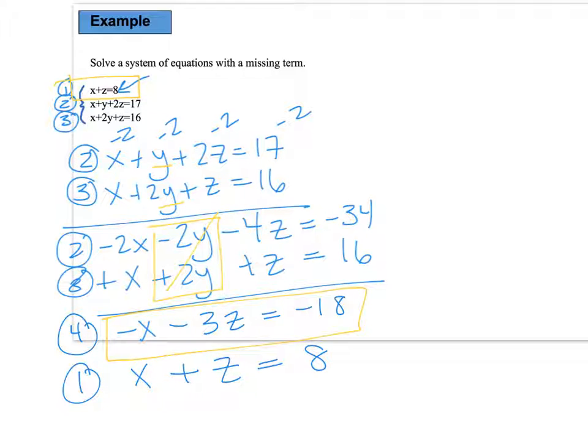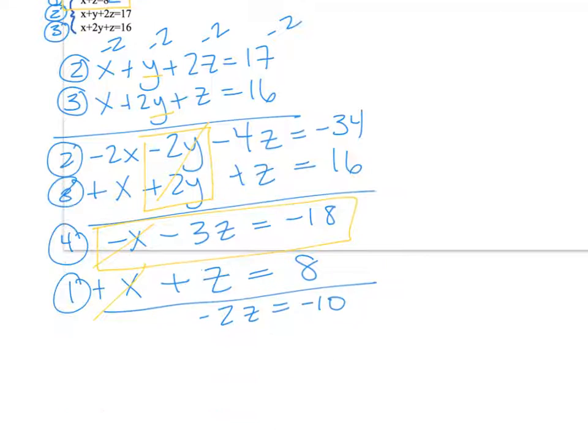And you can see that I don't have to do anything to that equation 1. I just have to add them together, and my x's will cancel out. And that's going to give me negative 3z plus z is going to give me negative 2z, and negative 18 plus 8 is going to give me negative 10.